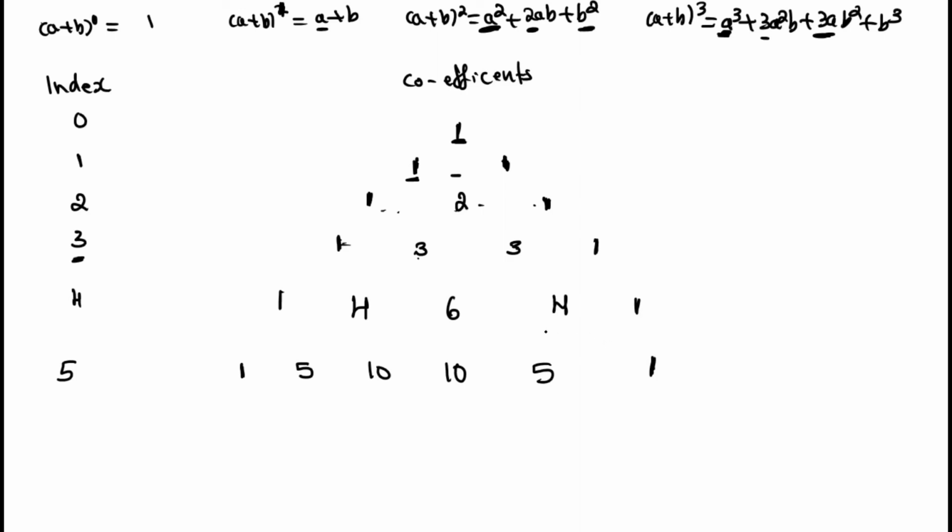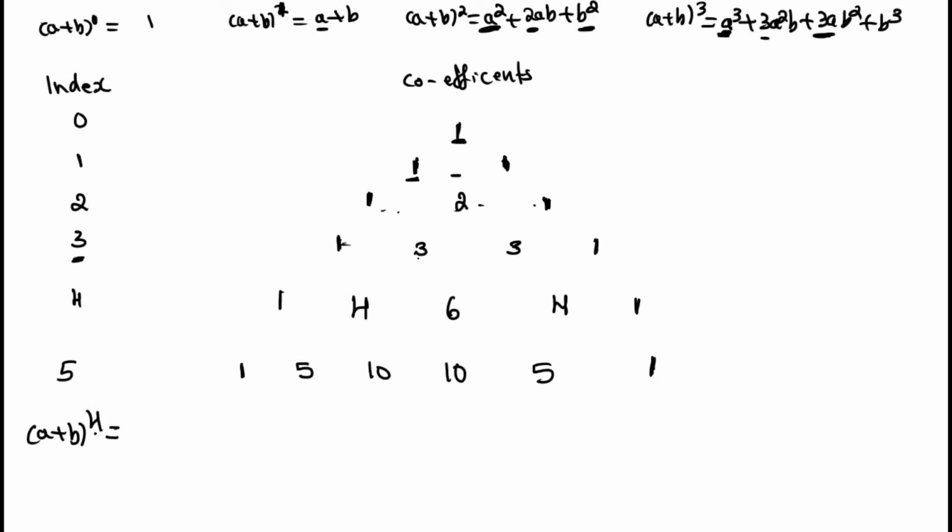Okay, now see, I'm writing the expression for a plus b to the power 4. A plus b to the power 4 is equal to, remember these 3 conditions. First condition is, if index is equal to n, then the number of terms is equal to n plus 1. That means the total number of terms in the expansion is 1 more than the index.